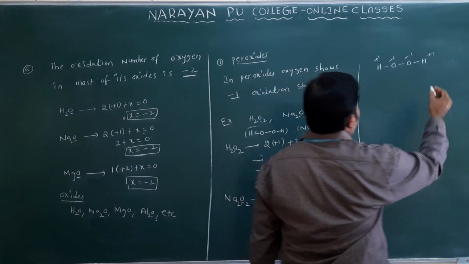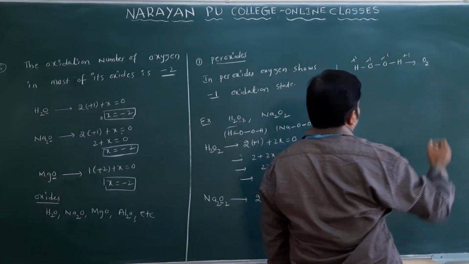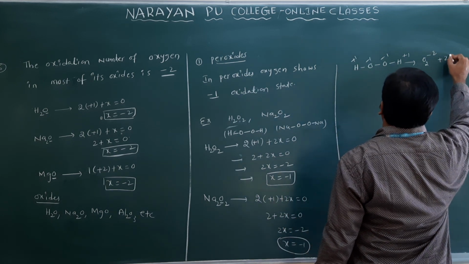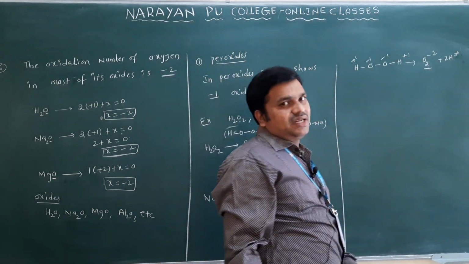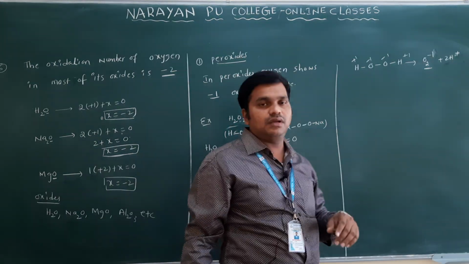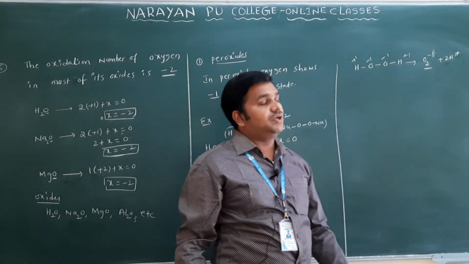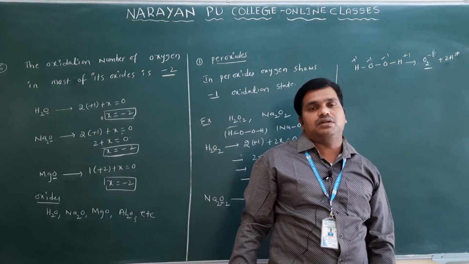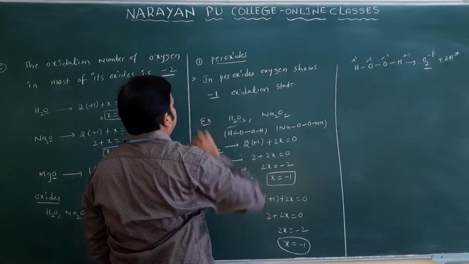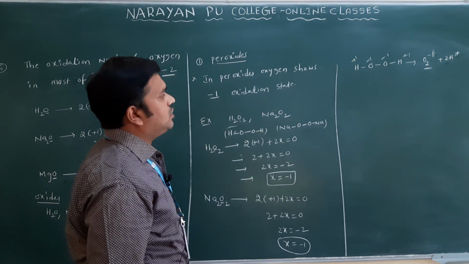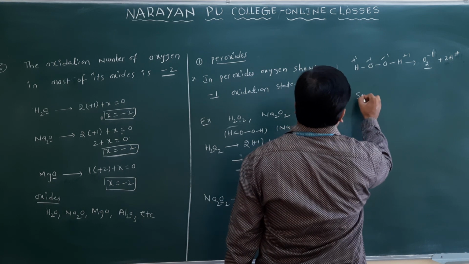So from this you can write O2 2- and 2H+. So you will get O2 2- and 2H+. This is the way we represent peroxides. Keep this point in your mind; it is an important point. In peroxides, the oxidation state of oxygen is -1. Now come to the next one: we have superoxides.